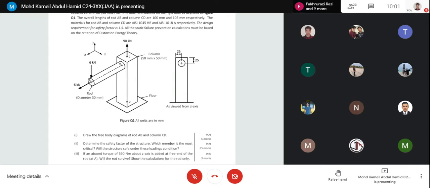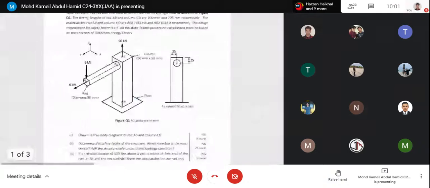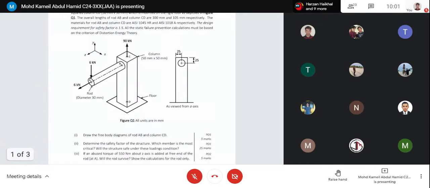Okay, so safety factor normally around 1.5 to 5 lah. Okay, so you have to get the safety factor value. Kemudian kalau dia give you the safety factor value, you have to double check.